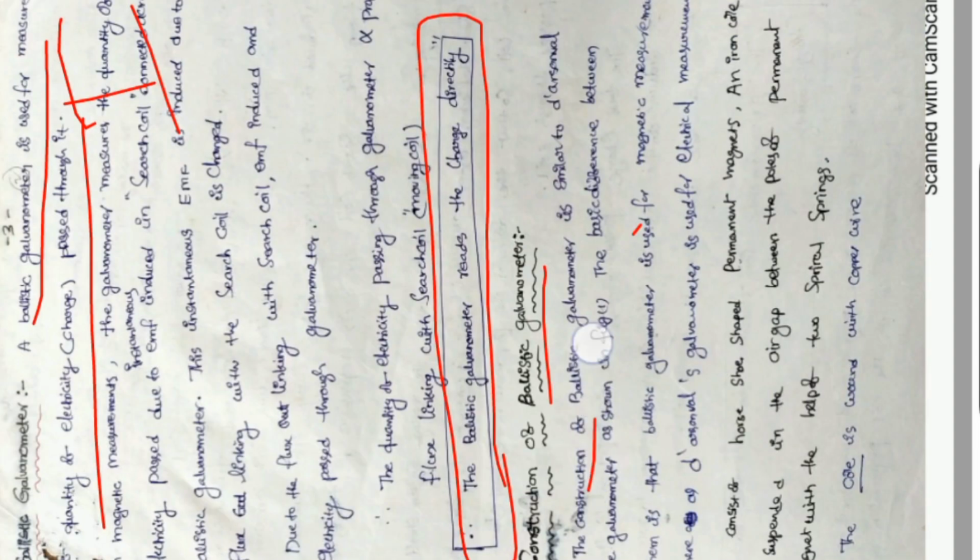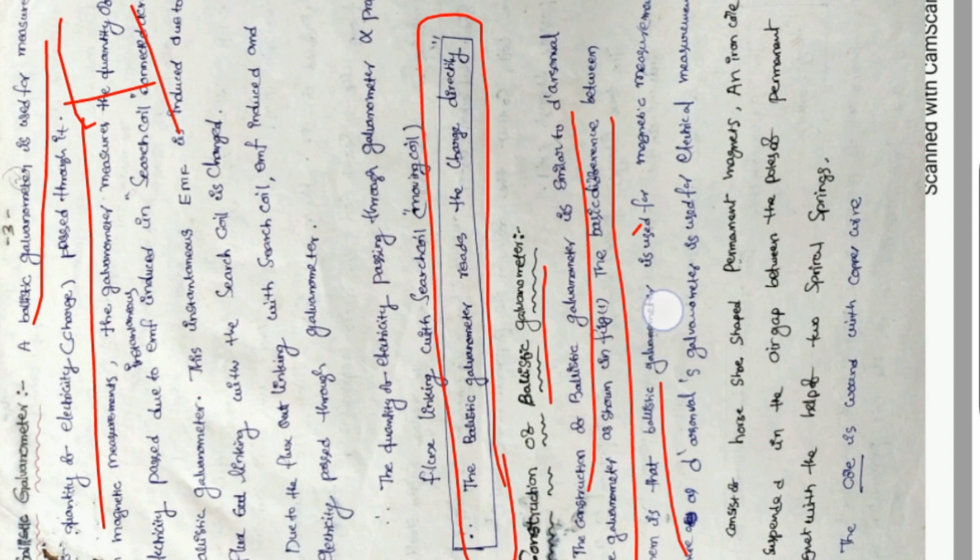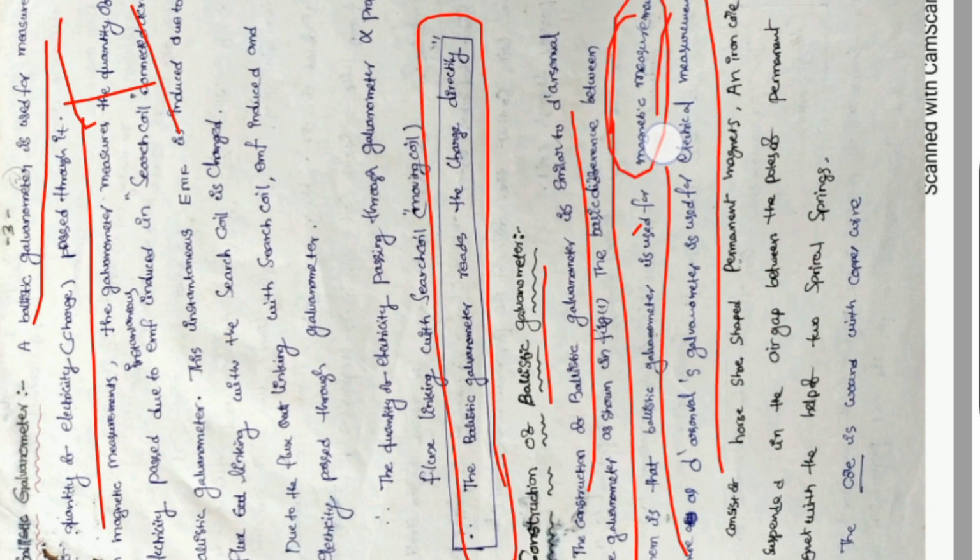The construction of the ballistic galvanometer is similar to the D'Arsonval type galvanometer, but the basic difference is that the ballistic galvanometer is used for magnetic measurements, whereas the D'Arsonval galvanometer is used for electrical measurements. That is a very important point. That is the difference.